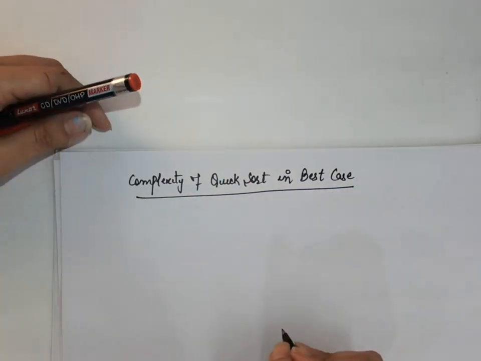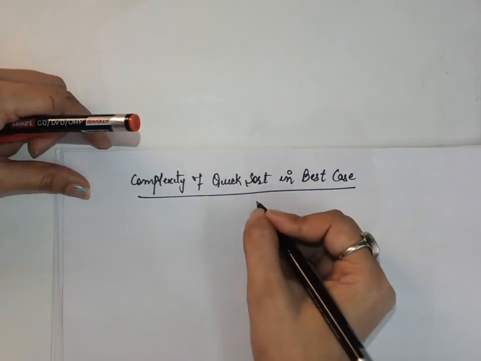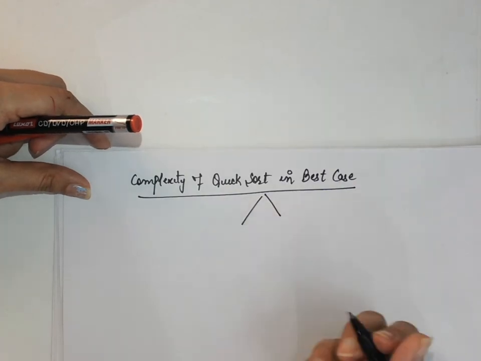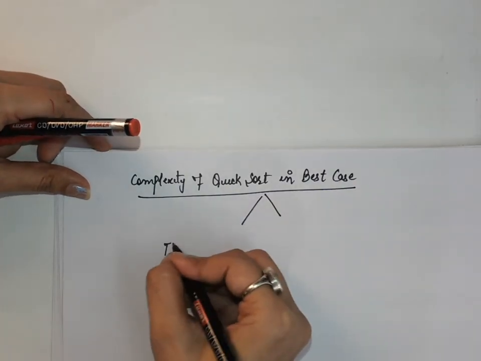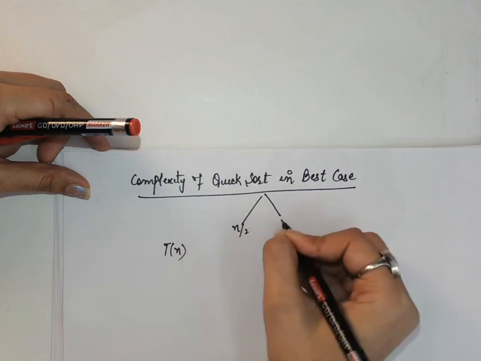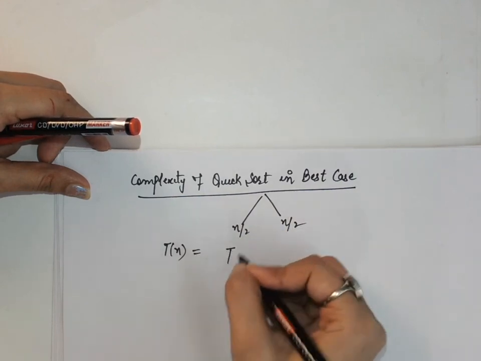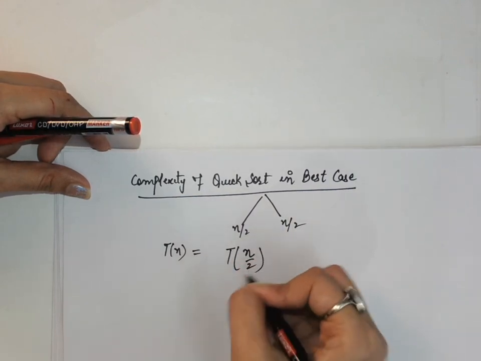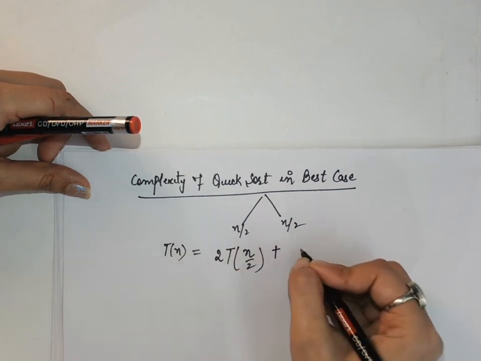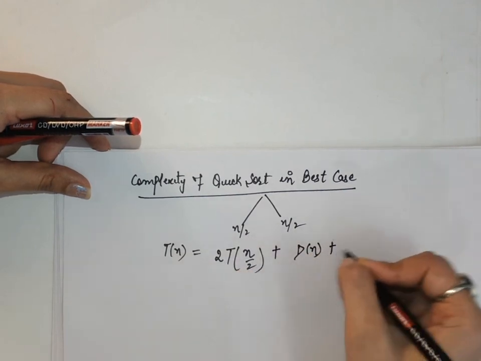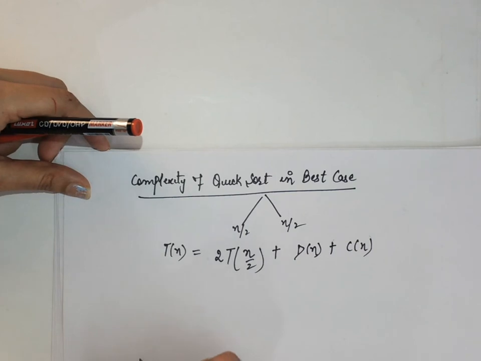In best case, when will it occur? When the list is divided into two equal parts, means my recurrence would be equal to 2T of n by 2 plus D of n plus C of n.